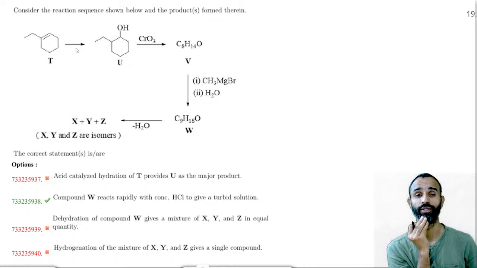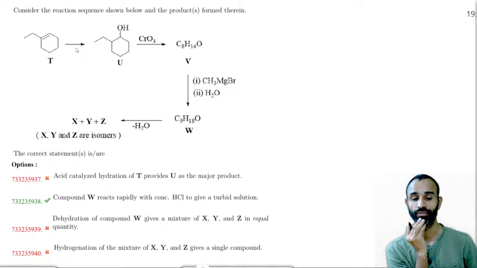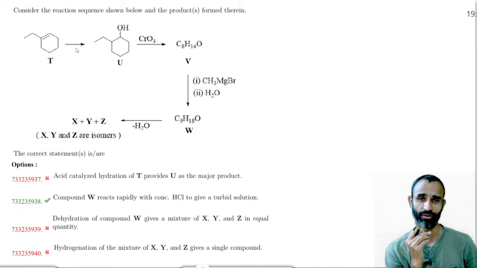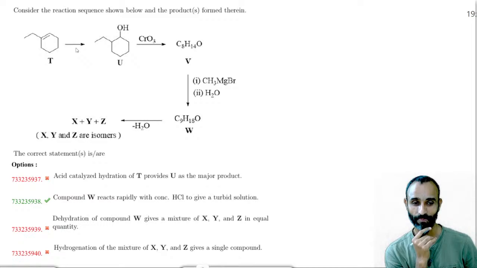Tell me. We use HgSO4, H2SO4. That is for alkyne. Okay, we use KOH. KOH is used for alkyl halides. It is a double bond, right? We'll simply use water.